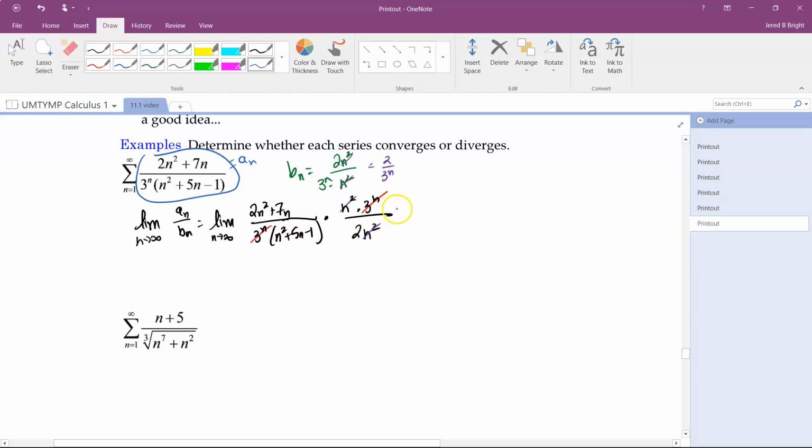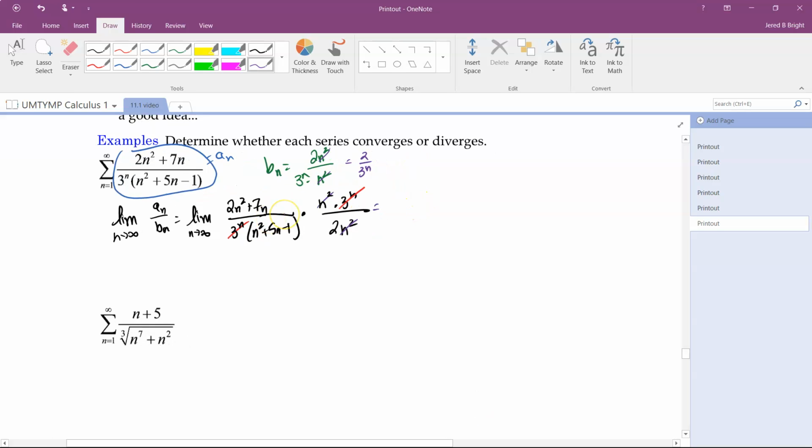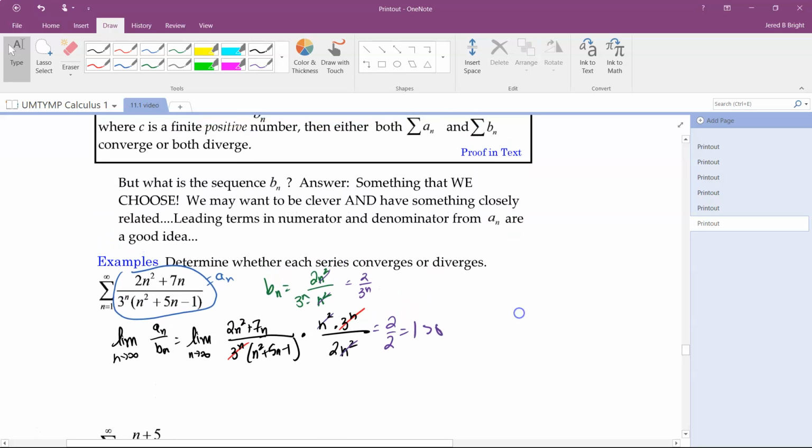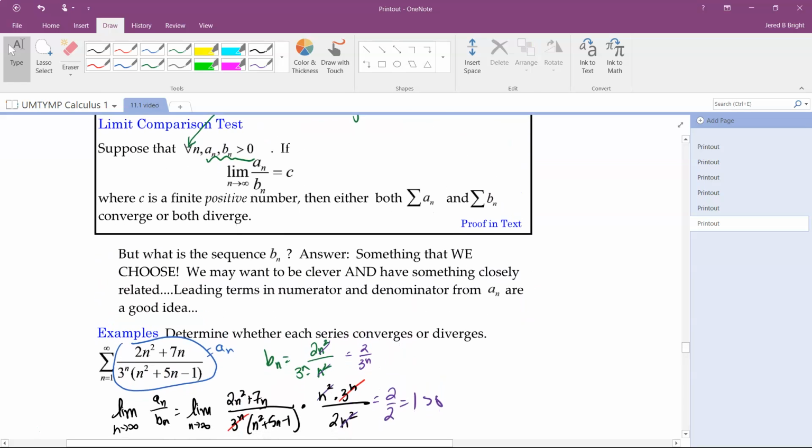And so this is also consistent with our understanding of limits, so we'd have long-term behavior, divide by n squared to each term, or prove this however you want using the big potatoes and small potatoes ideas, but we get 2 over 2, which ends up being 1, which is greater than 0. According to the limit comparison test, if I get C as a positive finite number, which 1 is, then both of those either converge or diverge.